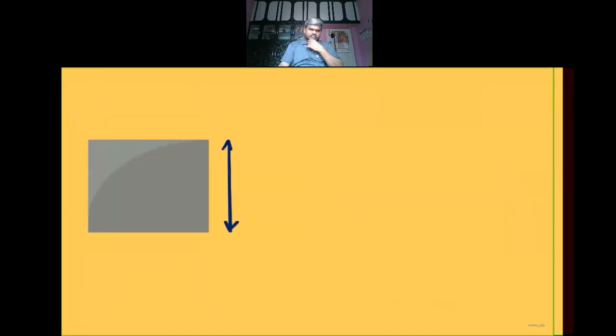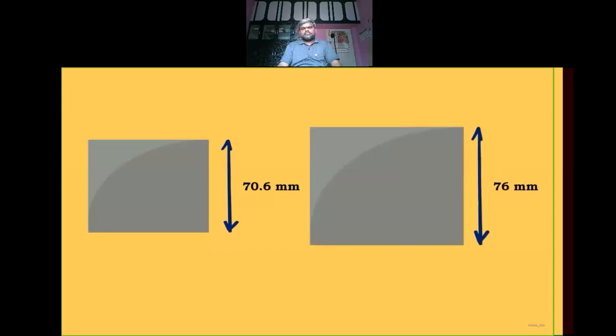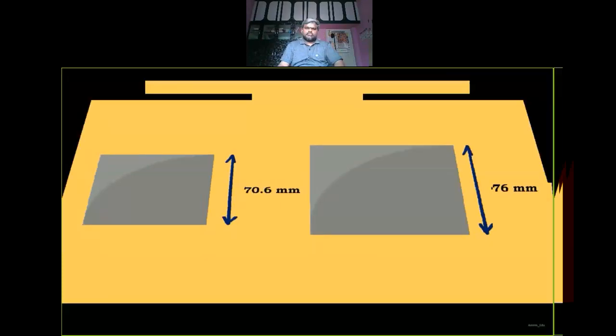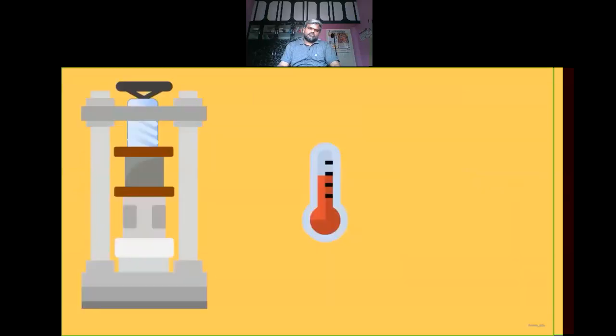The best specimens are 70.6 millimeter or 76 millimeter cubes. Generally, specimens larger than this should not be made. The temperature of water should be 27 plus or minus 2 Celsius.